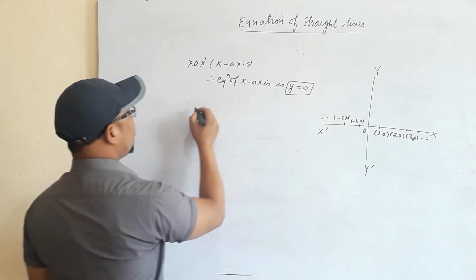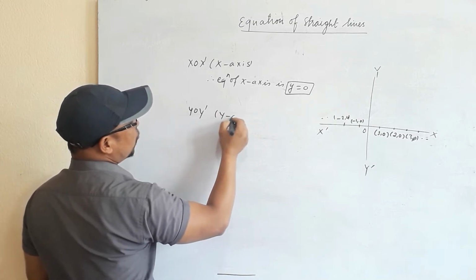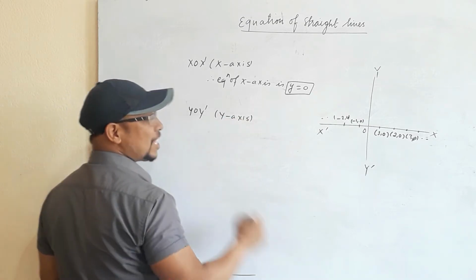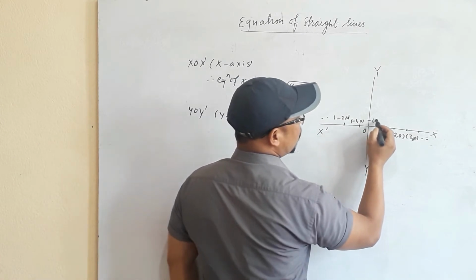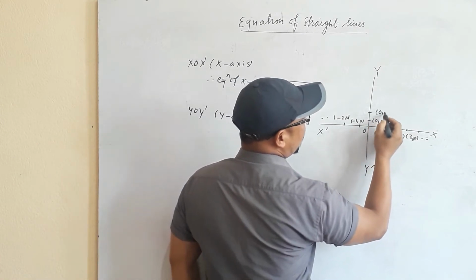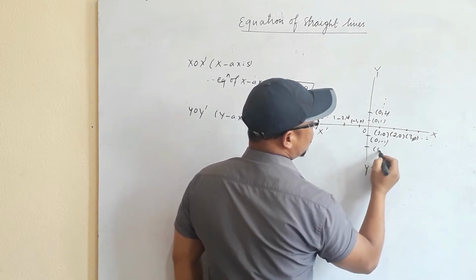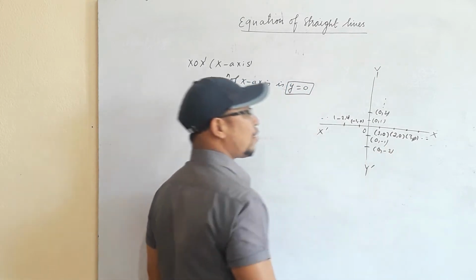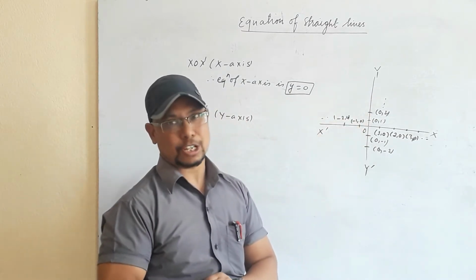Now similarly, the y-axis is y or y prime, so it is called the y-axis. And what is the equation of the y-axis? Same as this, this is (0, 1), this is (0, 2), and so on, and here will be (0, -1), (0, -2). That means at every point of the y-axis, the value of x is 0.